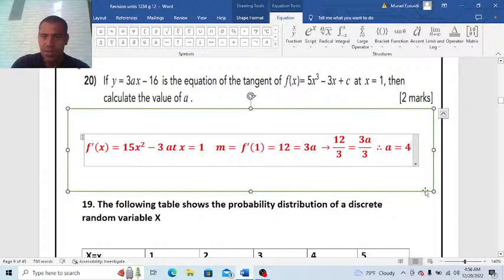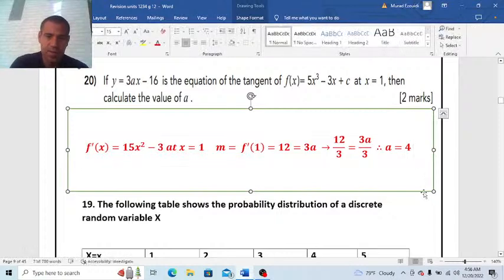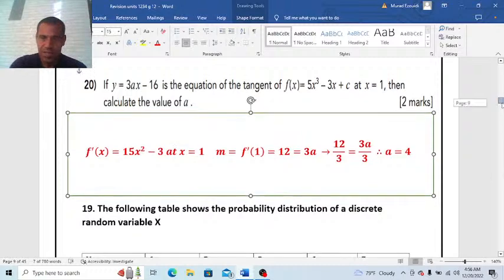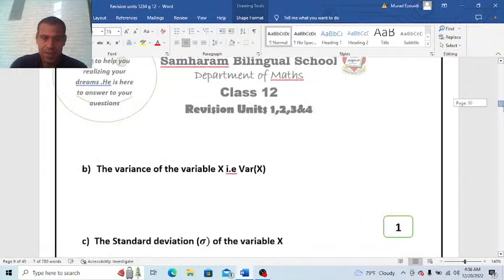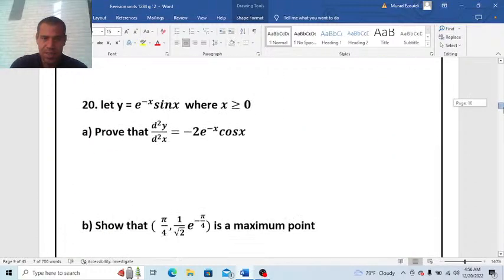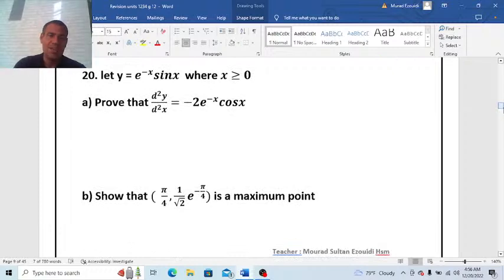Now we move to the next question. The next question we already did in the classroom. Let y equal x sine of x, where x is more than 0.